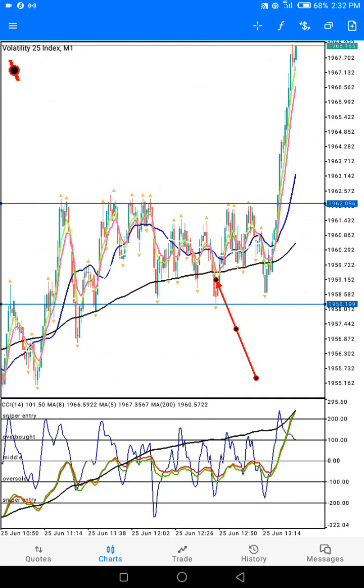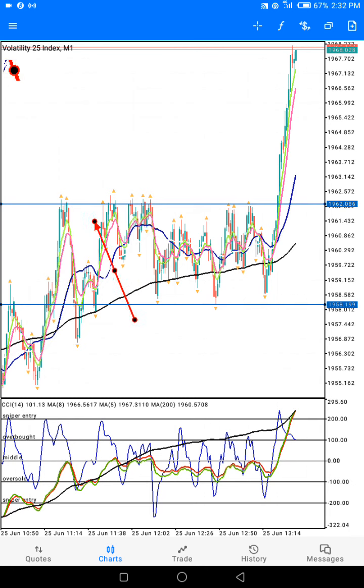Look at the market, it has been consolidating, and immediately the market got to this level, you see a major breakthrough. This is where you should be watching out for, those of us trading the volatility on the MT5. This is how you know to catch the market and be successful.